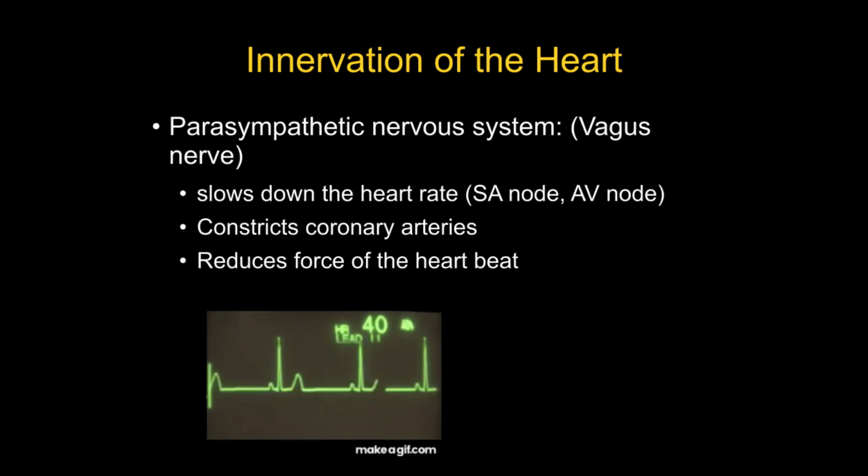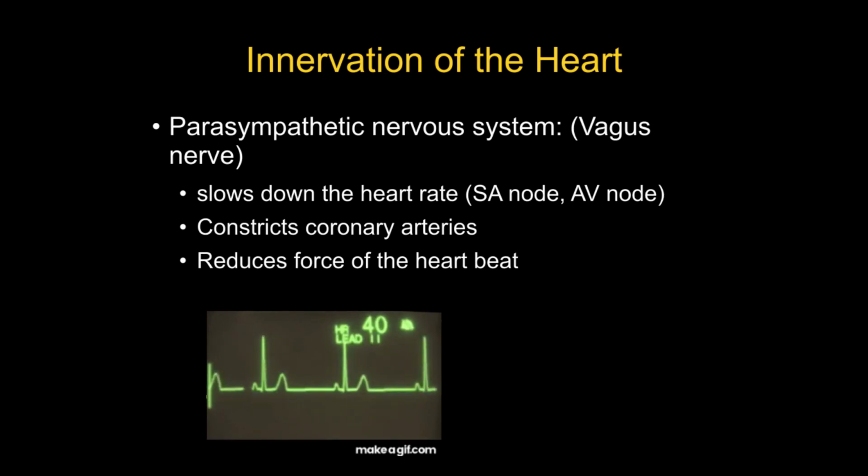Whereas the part of you that tells you to relax, automatically, the parasympathetic nervous system via the vagus nerve from the brainstem, acts now the opposite of the sympathetic nervous system. So it's meant to slow down the heart rate. It acts on the SA node and the AV node to slow down the pacemaker there.